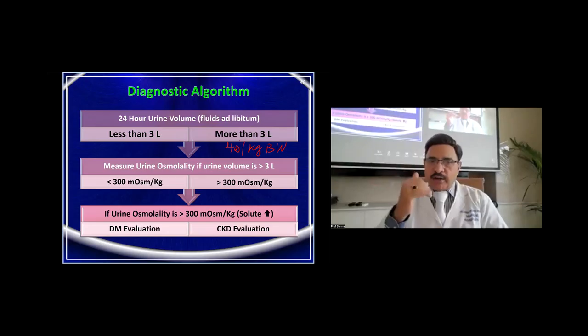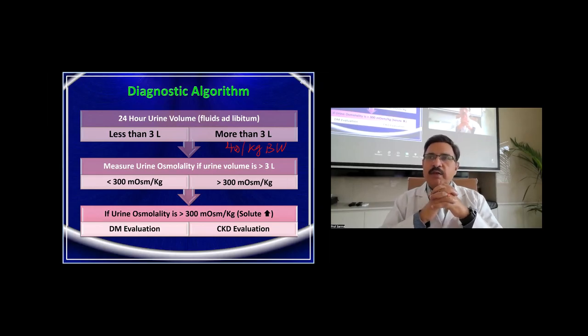If the urine osmolality is more than 300, it is most likely solute diuresis and polyuria, and not polyuria due to ADH problem. Separated. Now we have to evaluate for CKD, we have to evaluate for hypercalcemia, we have to evaluate for diabetes in this patient. And also, the next step would be to do a 12-hour water restriction.